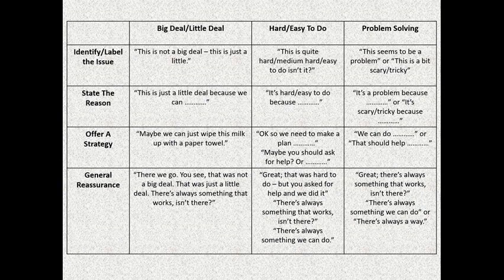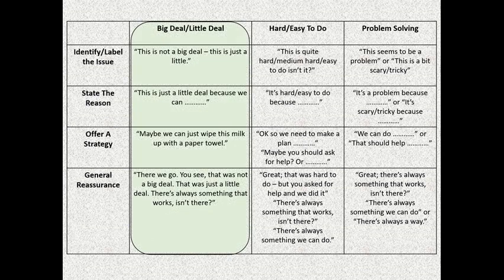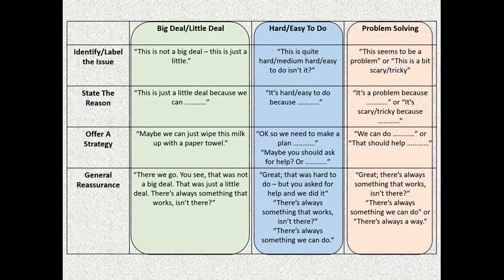Fife's educational psychology team have provided helpful guidance on the use of scripts in 3 scenarios: big deal, little deal, hard or easy to do, and problem solving. Within each scenario, it's recommended to identify and label the issue with the child. For example, this is a bit tricky.